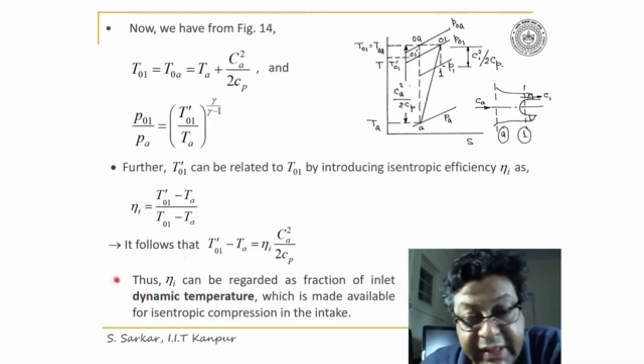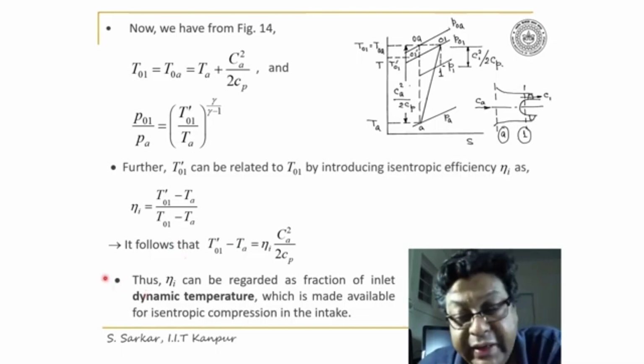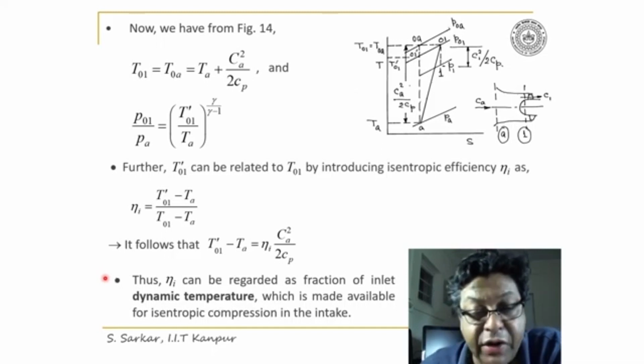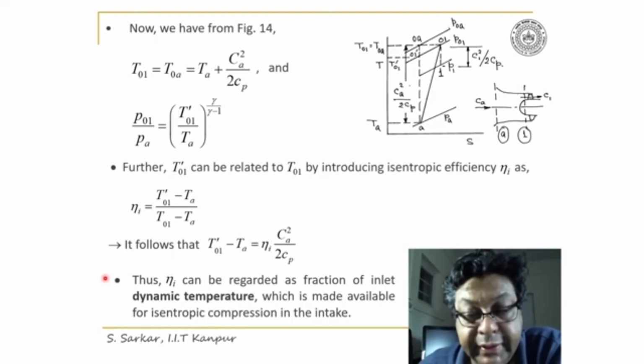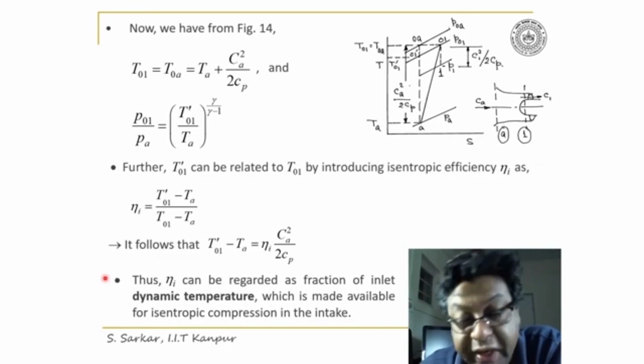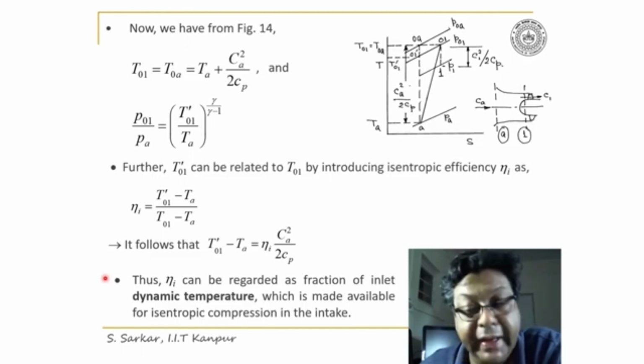Thus, eta I can be regarded as a fraction of inlet dynamic temperature which is made available for isentropic compression in the intake.